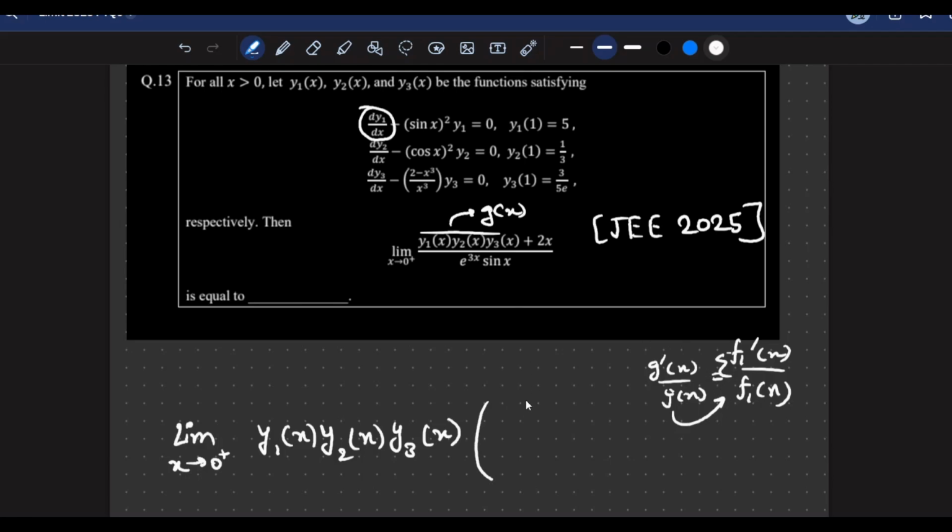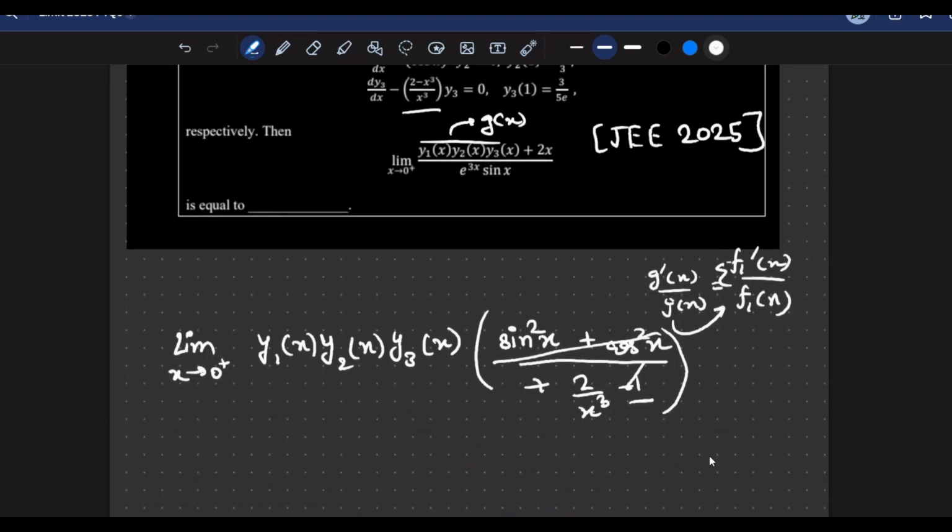That is, the first term will be sine square x, second term will be cos square x, and the third term will be, I am writing it in a simplified manner, 2 by x cube minus 1. Alright. So as you can notice, sine square x plus cos square x is equal to 1, and here it is minus 1, so these two will get cancelled.